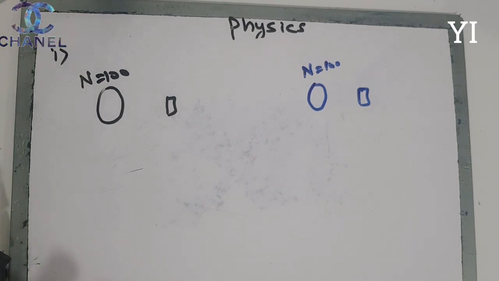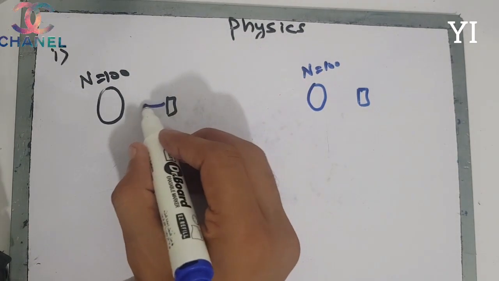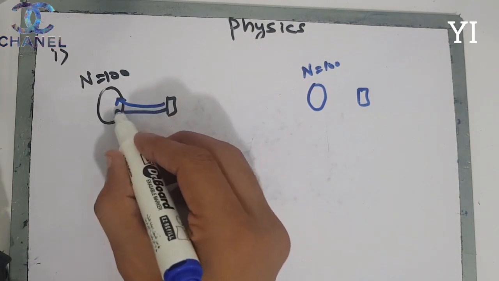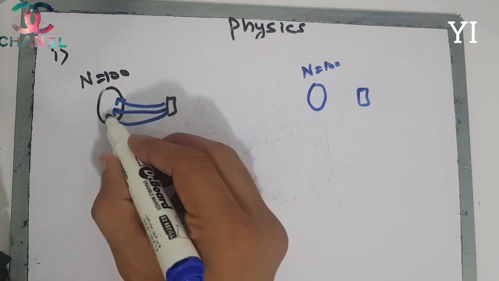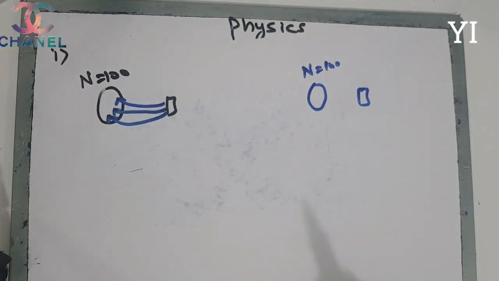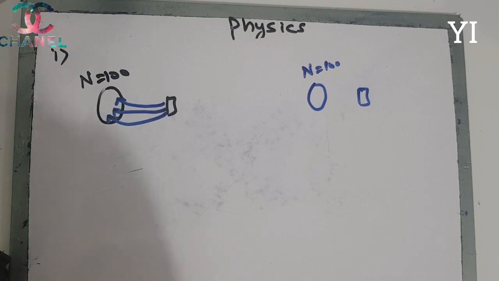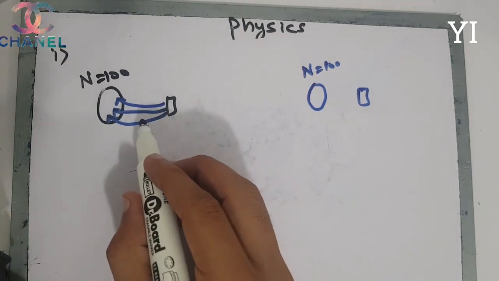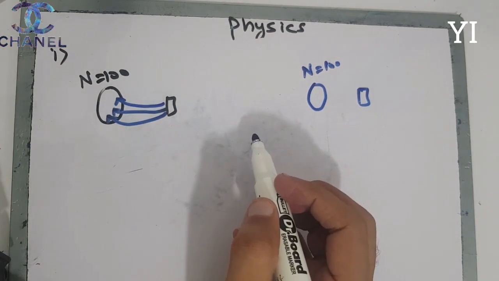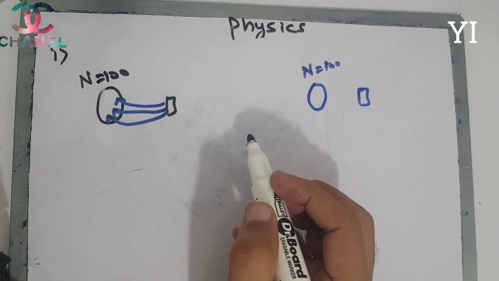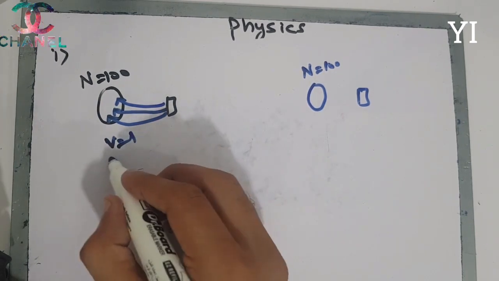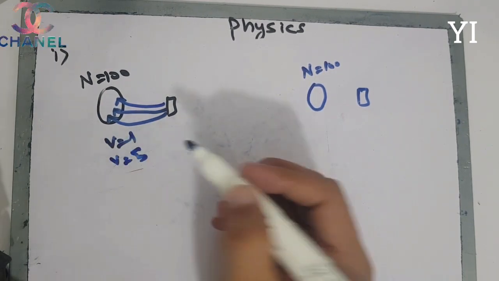When we get this magnet closer to the coil, it induces electric current, meaning EMF starts generating. But when we quickly take away this magnet from the coil, the voltage is quickly induced from 1 to, say, 5.